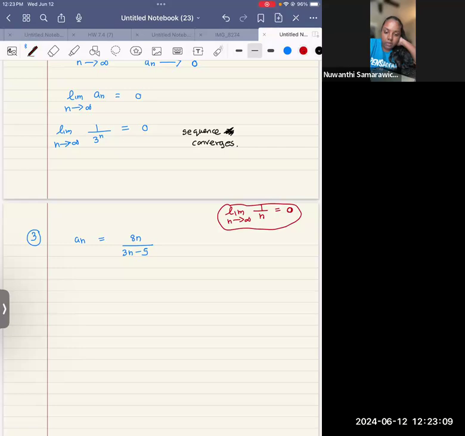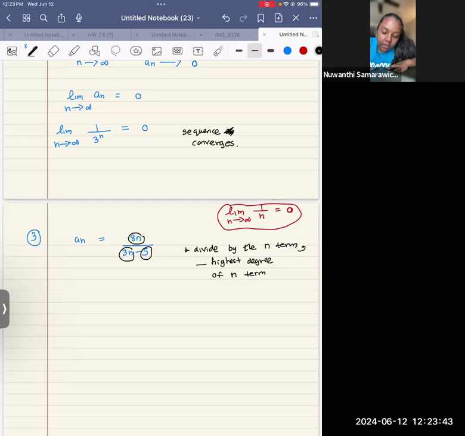How are we going to do that? We are going to divide all the terms, that is this, this, and this, by the highest degree of the n term.